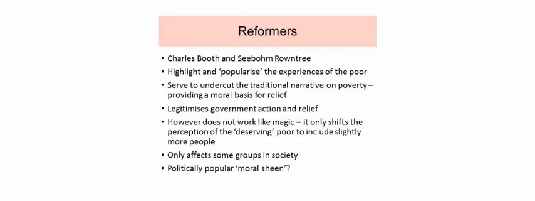The big thing Rowntree does, and Booth does as well, is they don't say all poverty is good, or all people in poverty are inherently good. What they do is shift and undercut the argument that everyone who is poor is there through choice. That's the key thing.